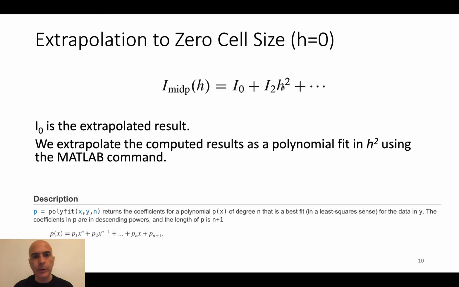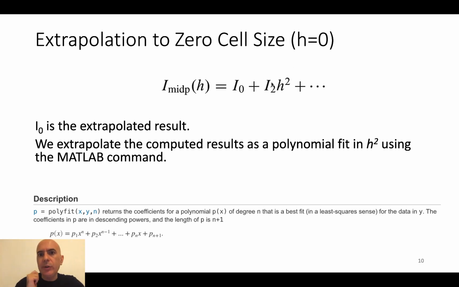So what we can do is make an expansion of our integral using h, and then we put h equal to 0, because that's what we want to do. We want to extrapolate the value of our integral when the cell size is equal to 0, like in the continuous case.